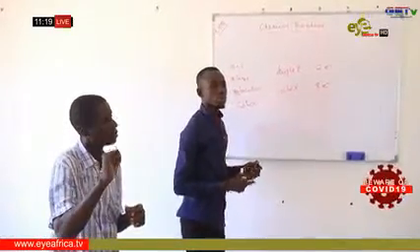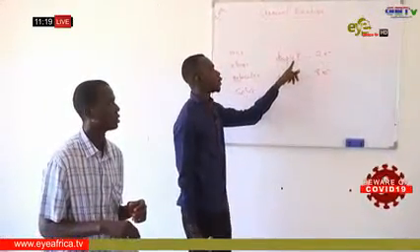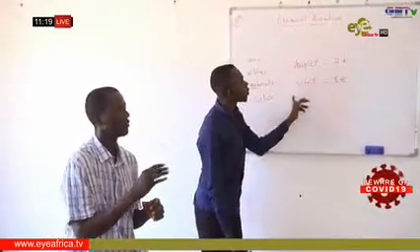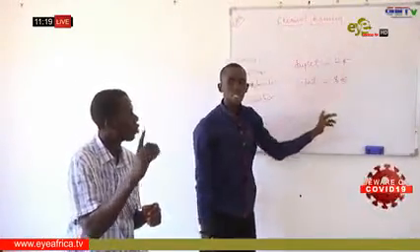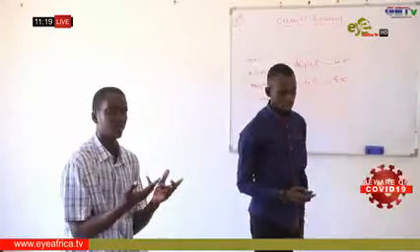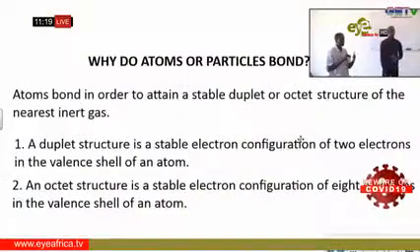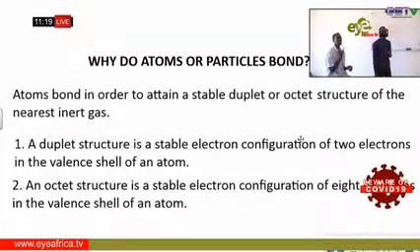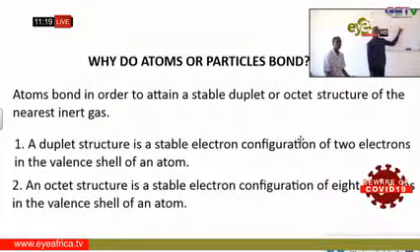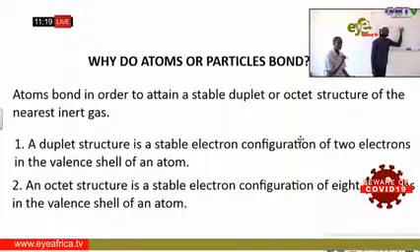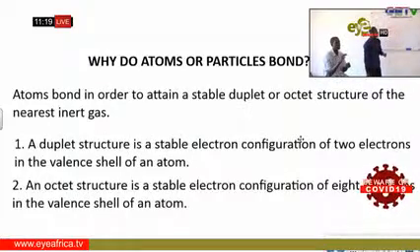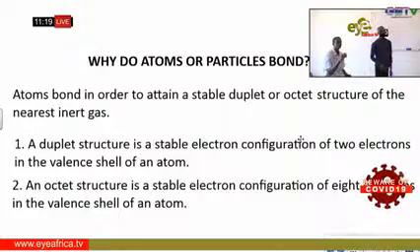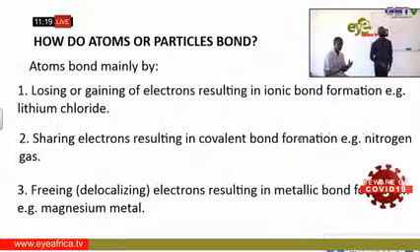So all atoms bond to have a doublet or octet structure, and this will lead them to their nearest inert gas structure. Now, a doublet structure is a stable electron configuration of 2 electrons in the valence shell of an atom. And also, an octet structure is a stable electron configuration of 8 electrons in the valence shell of an atom.